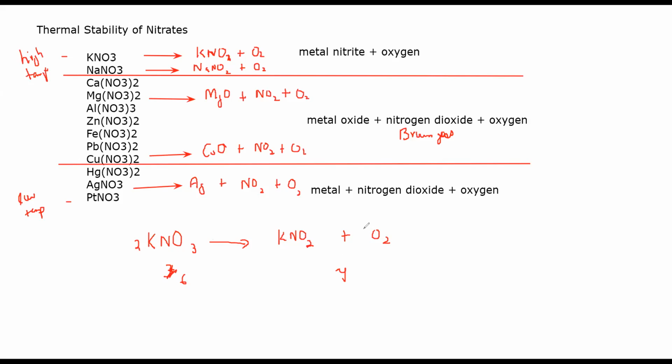I can write 2 here, that will also make 6 oxygen, or I can write 2 there, that will also make 6 oxygen. But which one should I write 2 with? I should write 2 with potassium nitrite. Reason for that, because when I put 2 with potassium nitrite, the potassium is also balanced and nitrogen is also balanced with this 2. And now you can see this equation is balanced in terms of nitrogen, potassium, and oxygen.